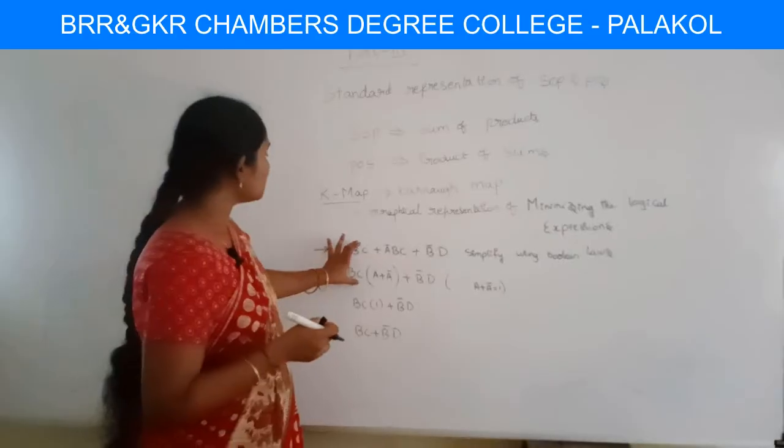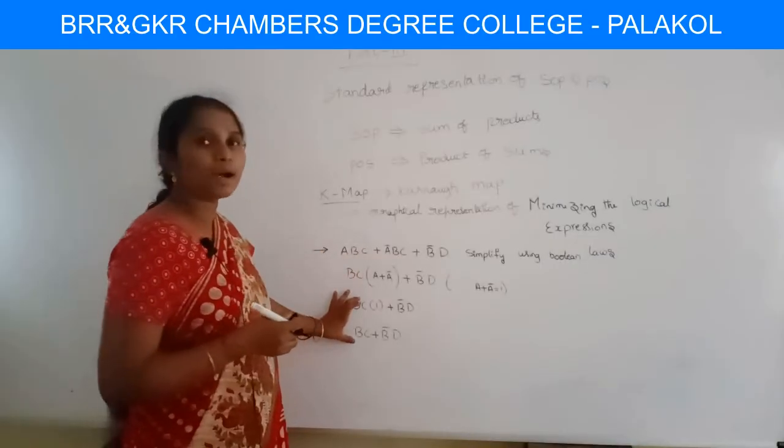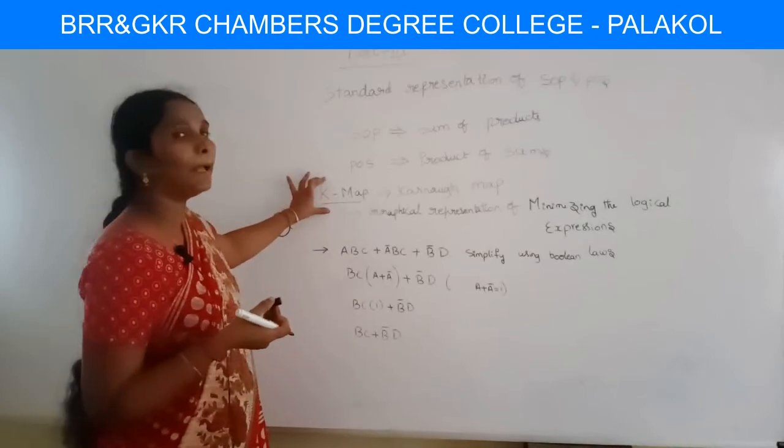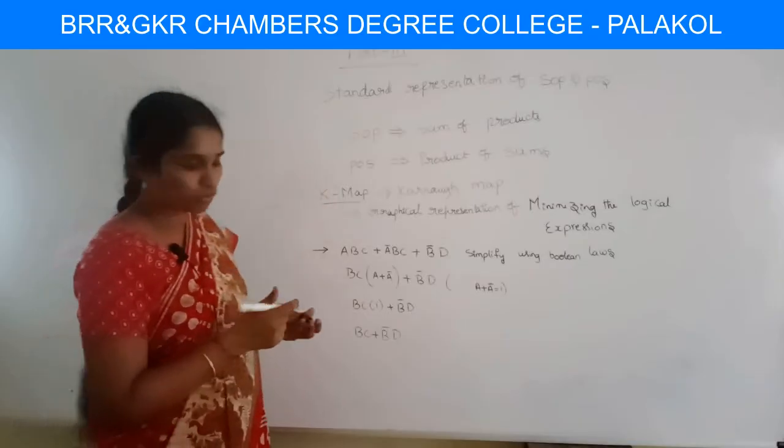The simplification using Boolean laws is somewhat difficult, so that's why we use the K-map representation.